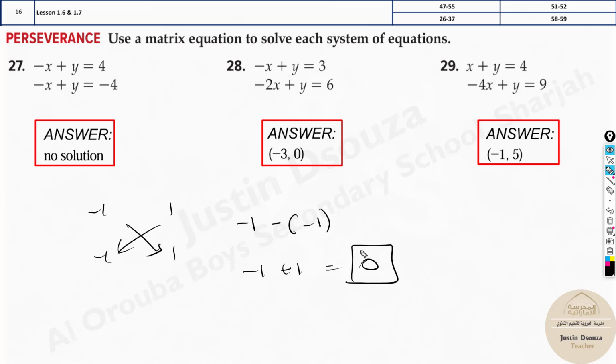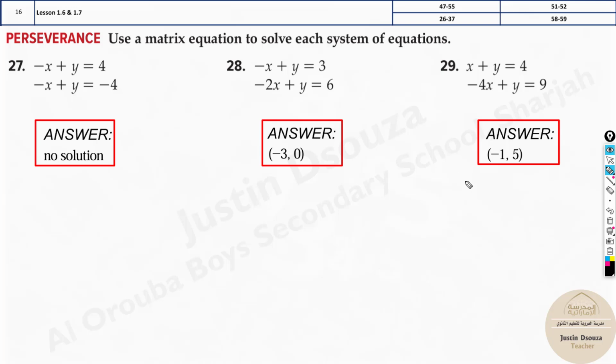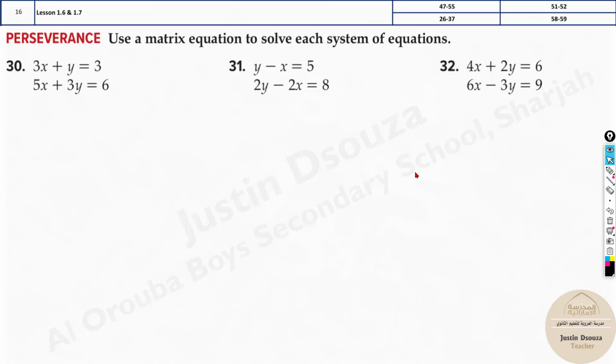Whenever the determinant value is 0, the answer becomes undefined when you solve, because you have one determinant divided by the determinant of this, right? This is 0, and when you divide anything by 0, it's undefined. Therefore, remember, whenever you have a determinant of 0, there is no solution. You can't solve it. All these other problems do not have a determinant of 0, so you can solve for the answer.